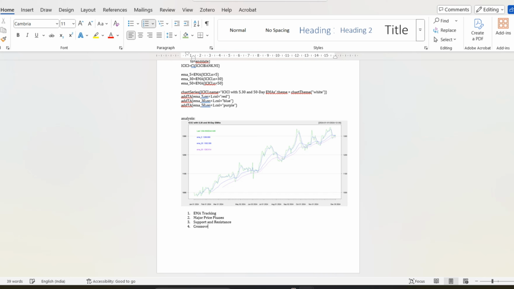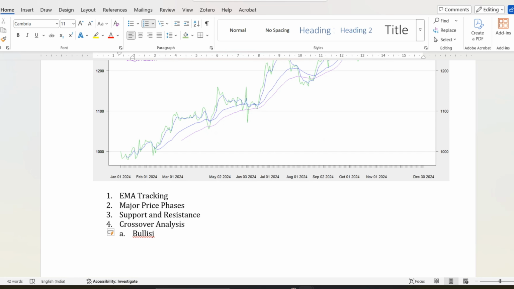The major one in this EMA tracking is crossover analysis. The bullish crossover and bearish crossover.